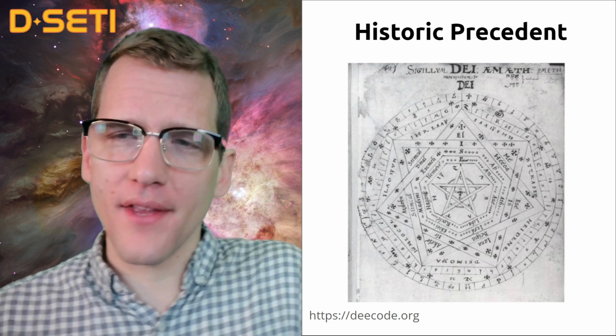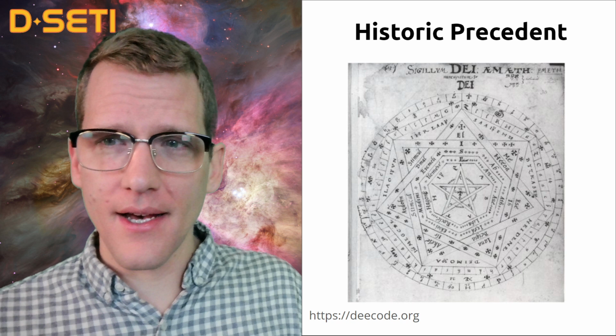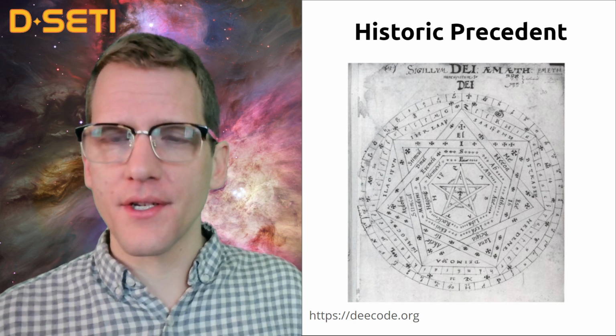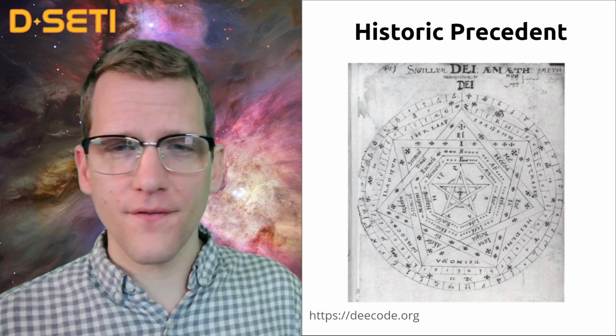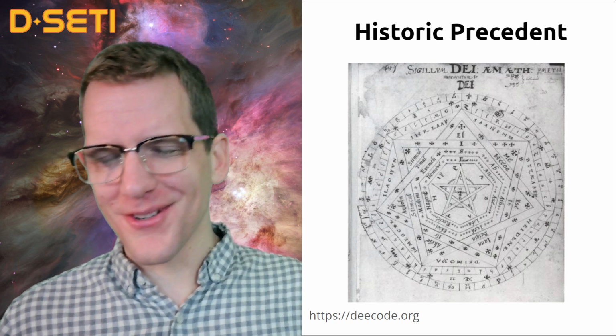I wanted to talk about the historical precedent for this work. So here, this is the Sigillum Dei Aemeth, the seal of Aemeth, which is used by Dr. John Dee, the 16th century alchemist and scholar and advisor to Queen Elizabeth.